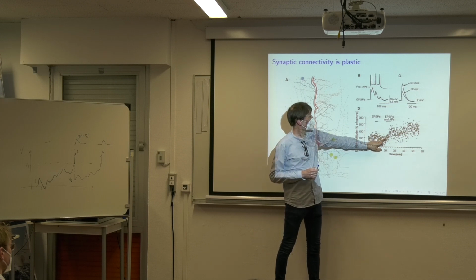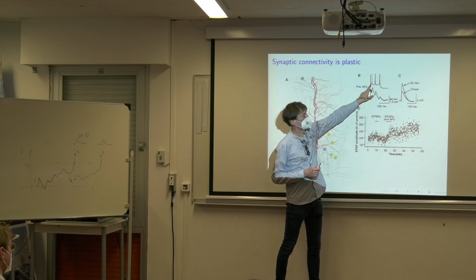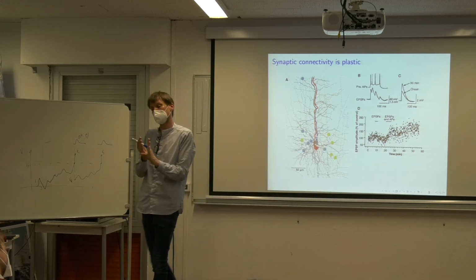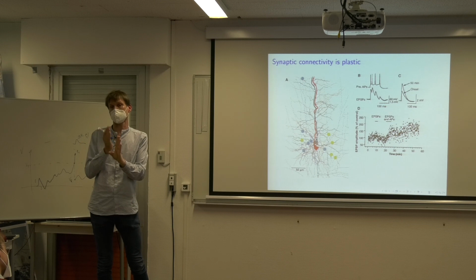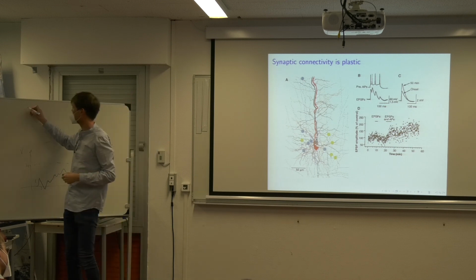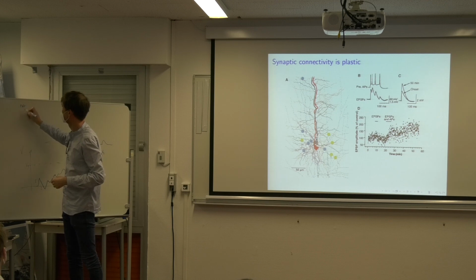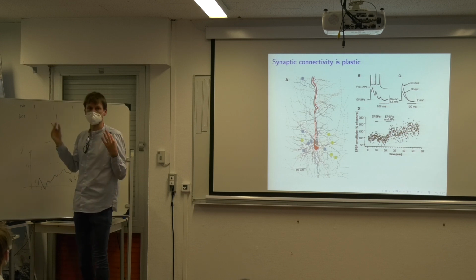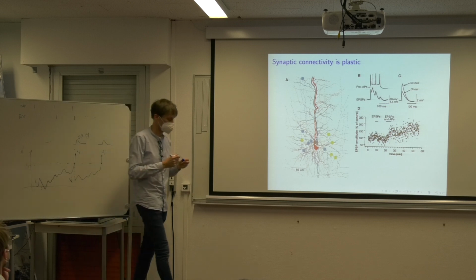Then at some point, you not only activate the presynaptic neuron, but you also activate the postsynaptic neuron. In this experiment, they activated it systematically 10 milliseconds after the presynaptic neuron. So you have pre-post, and the protocol is like this. You do it something like 60 times.